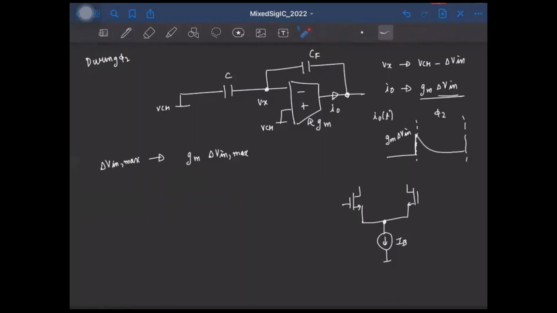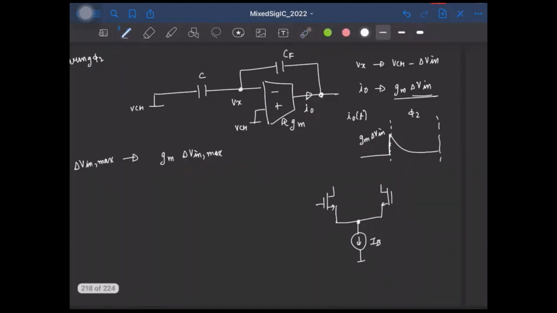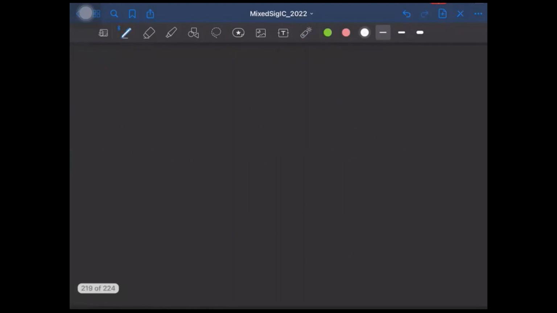Okay, so the current required from the OTA, that is I0, is Gm delta Vin only in the beginning of the phase phi 2, right? So biasing the OTA for this current seems to be very inefficient, right? So let us see if we can bias this OTA at a bias current that is less than this value, right? And for that, let us understand in detail as to what happens when the OTA is operating during the phase phi 2.